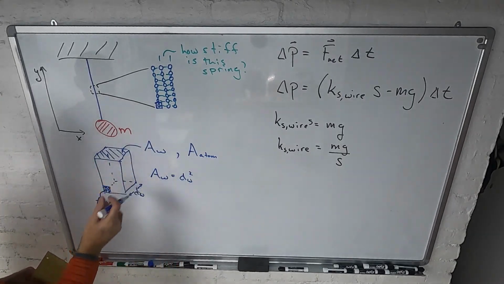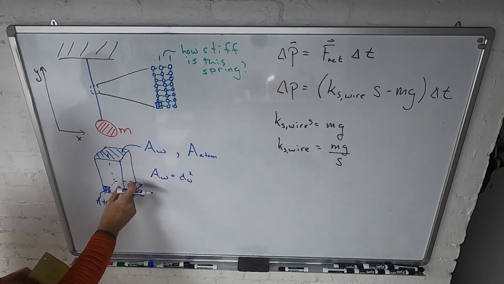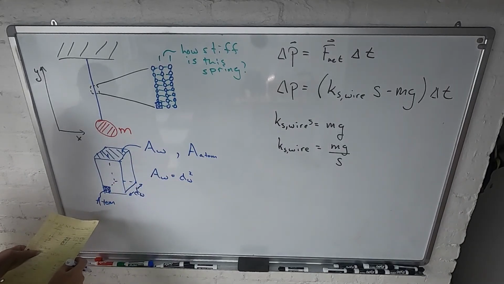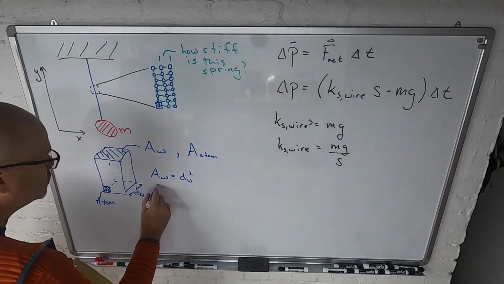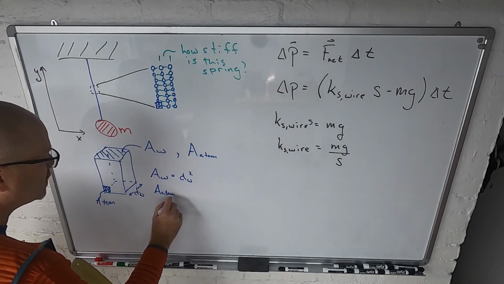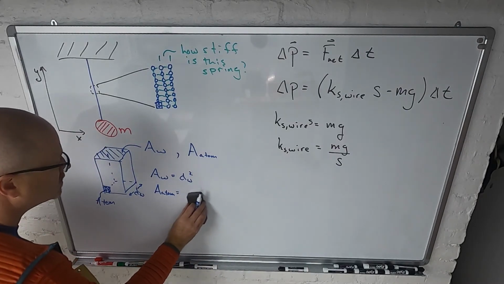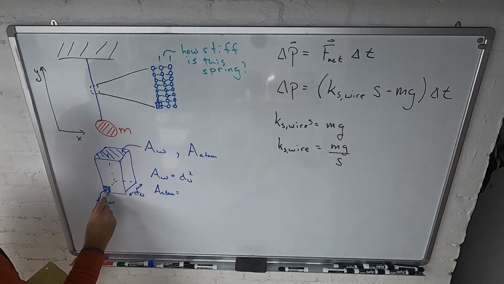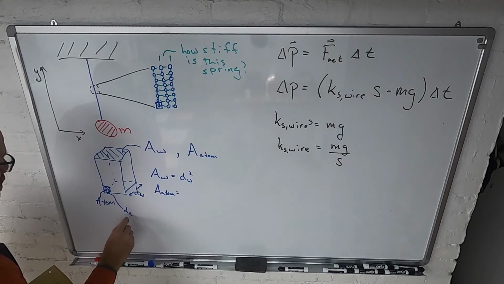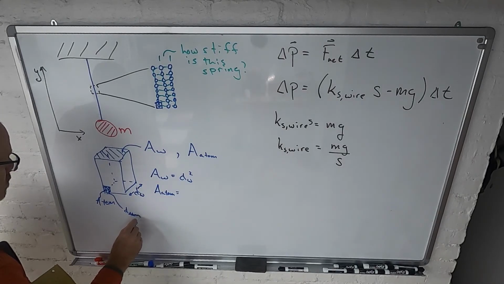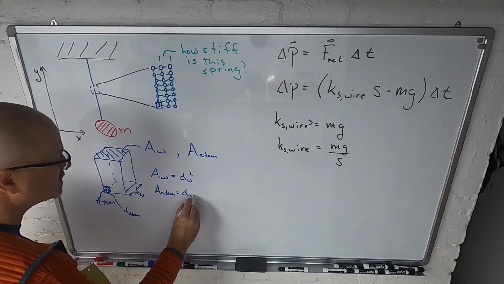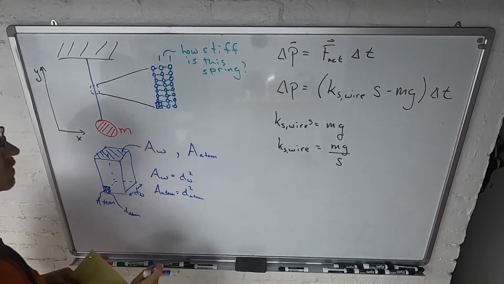This is a square, so it's D_W squared. But for the atom, I am going to make a slight approximation, and I'm going to say that this little box has dimensions D atom, and so that's going to be D sub atom squared.